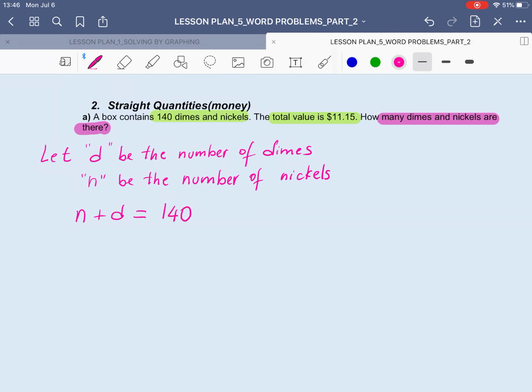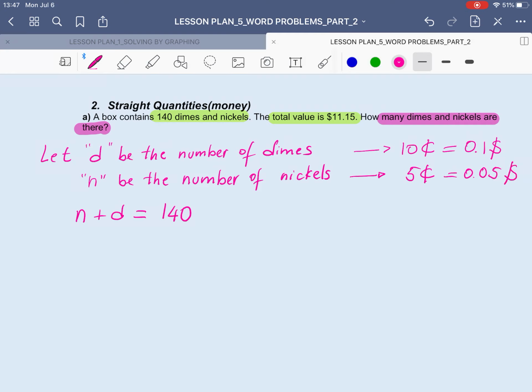Now we're going to work with the total value. Now we do remember that 1 dime is 10 cents or $0.1. So you can use either or. And a nickel is 5 cents or $0.05.